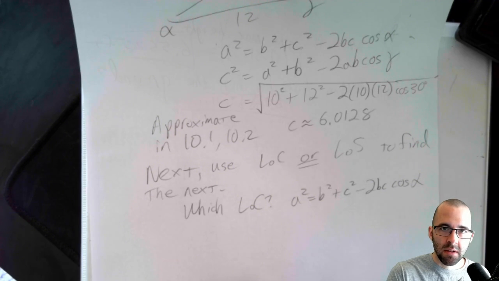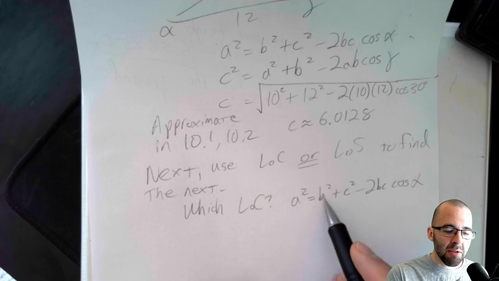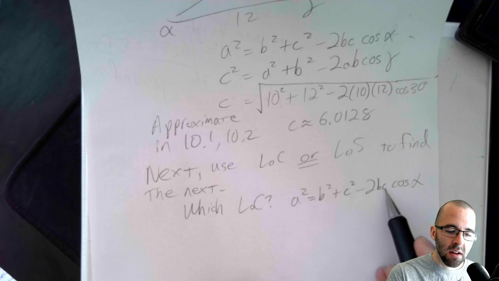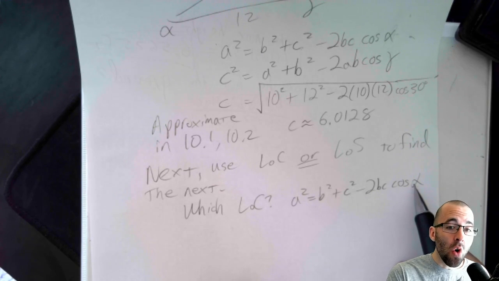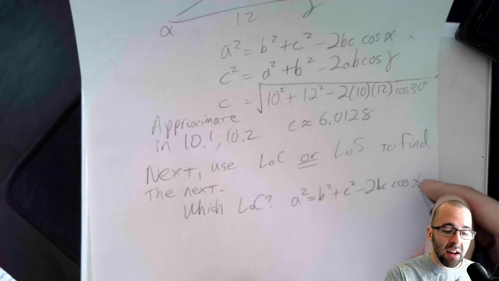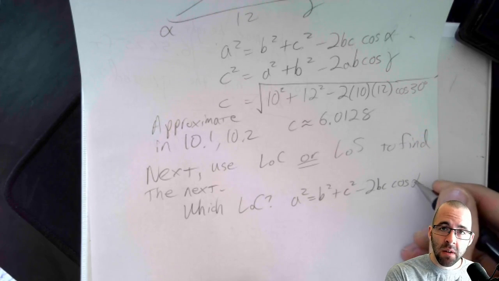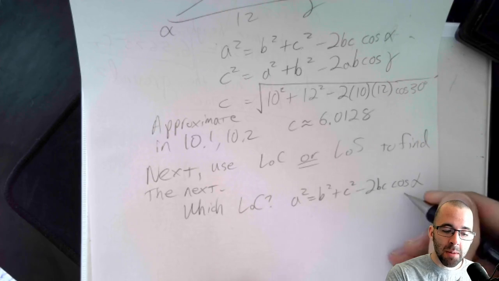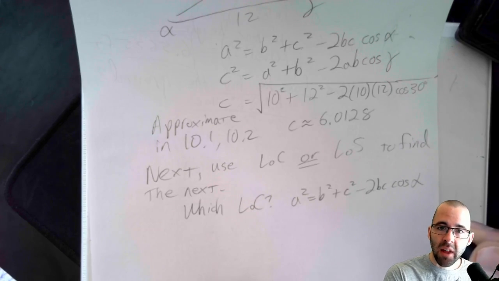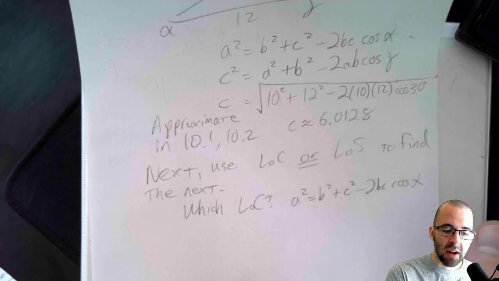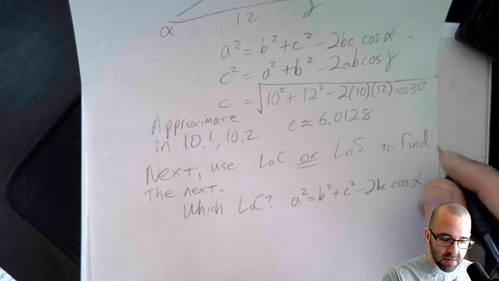If you want, you could plug everything in and then solve for alpha with numbers. Or if you want to solve for alpha right now with all the variables and add this as a formula to your formula sheet, you could do that as well. Okay, here's what I mean, right?